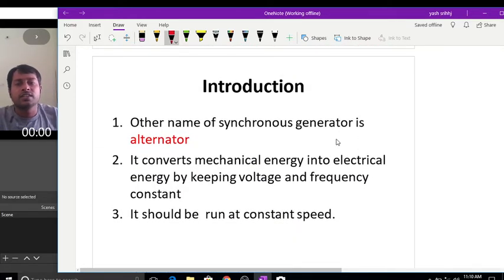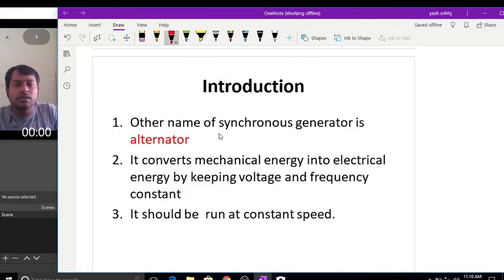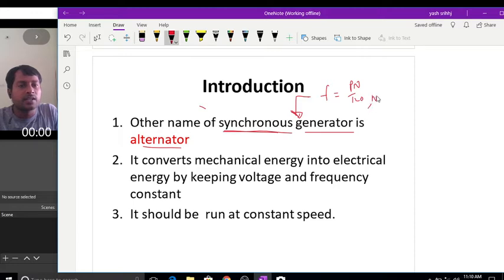So first of all, introduction to the alternator. This alternator is also called a synchronous generator. It is called a synchronous generator because it produces a constant frequency, that is Pn by 120, and the speed of the alternator is 120 f by p.